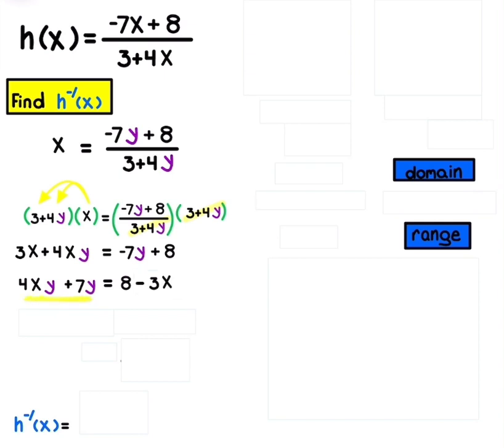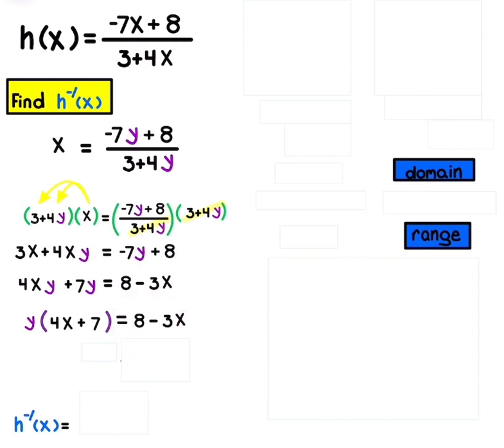Using addition and subtraction, we've moved the terms with y on one side and the terms without y on the other. This allows us to take the y in common out front. Taking y out of 4xy, we're left with 4x, and y out of 7y, we're left with plus 7. I'm going to bring down the 8 minus 3x.